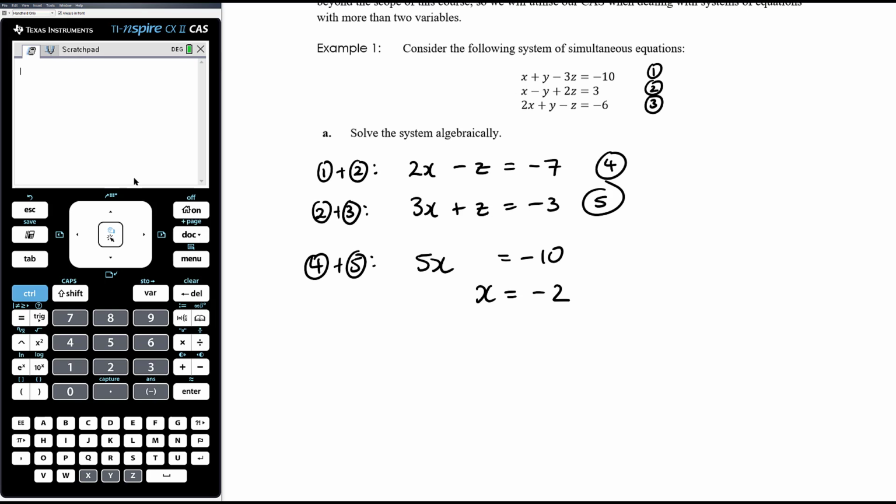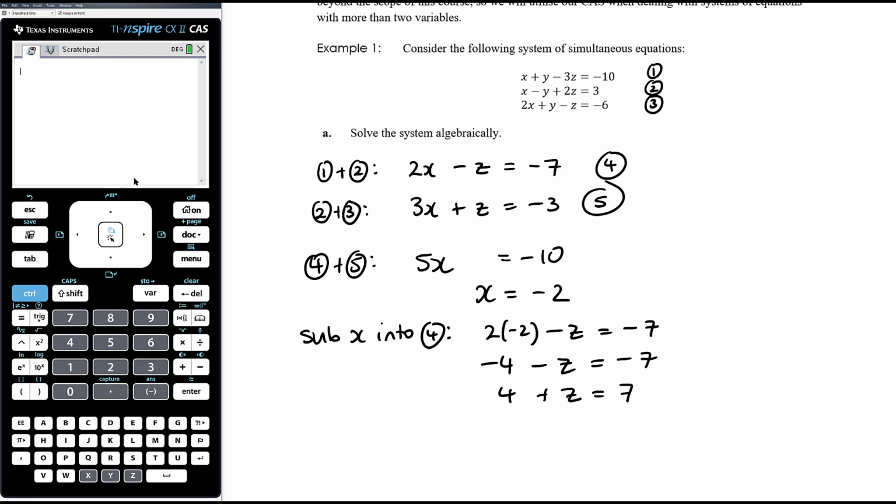And then once we've got x, we can go back into equation 4 or 5 to find z. Okay, so I'm going to sub x into equation 4, which is going to give me 2 times negative 2 minus z equals negative 7. So that's negative 4 minus z equals negative 7. Lots of negatives there. That's 4 plus z equals 7. And so z equals 3.